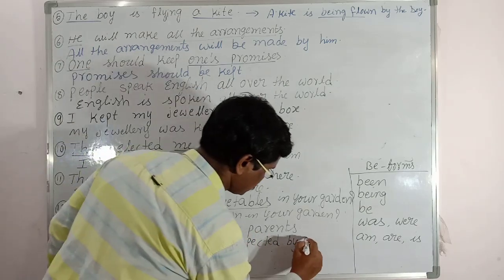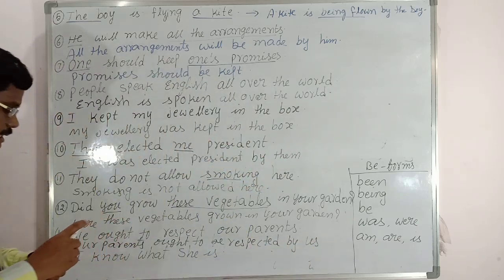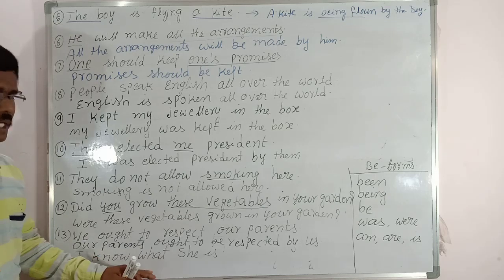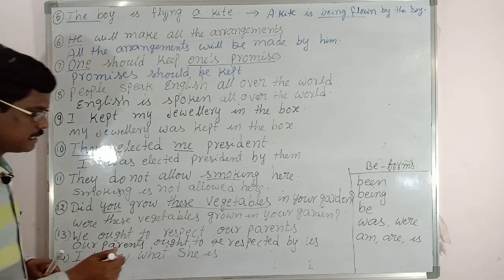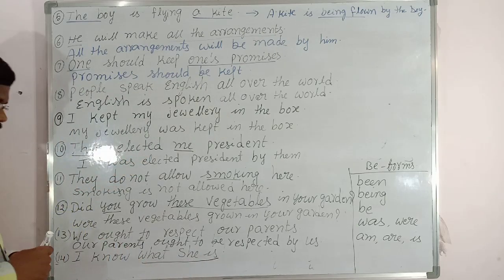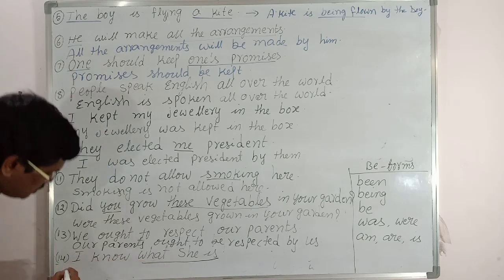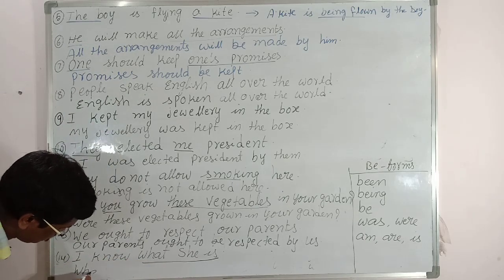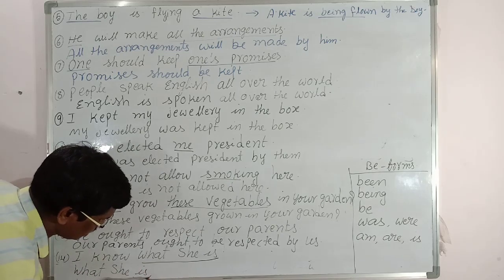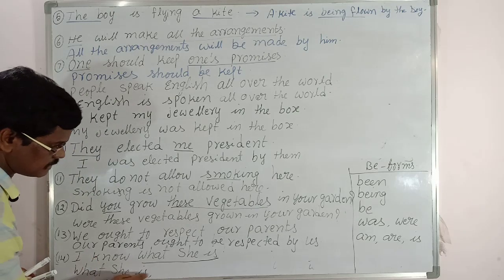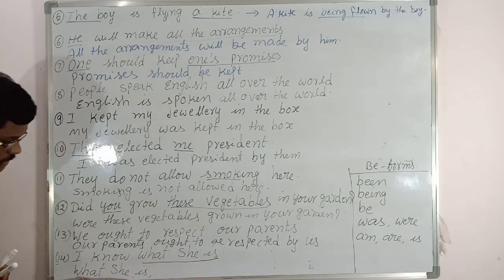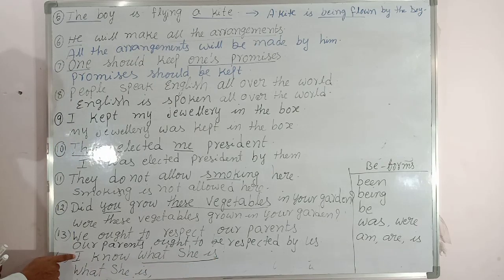Ought to be respected by us, we means us. Now let us see another example. This is very, very important. I know what she is. The object is in the form of a clause. What she is, that is the object. That means first we write the object. What she is. Be careful. What she is is the object. First we write the object because the sentence begins with a subject.